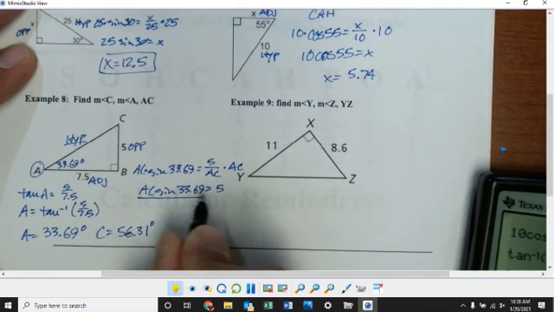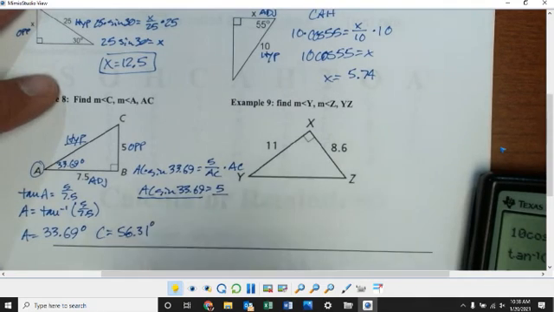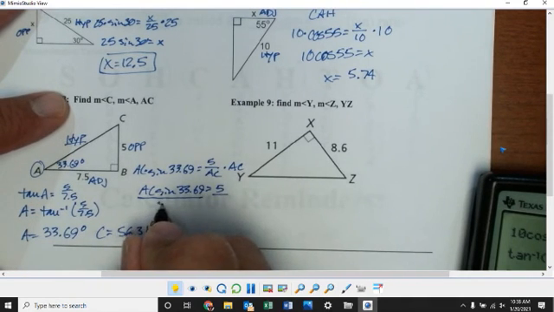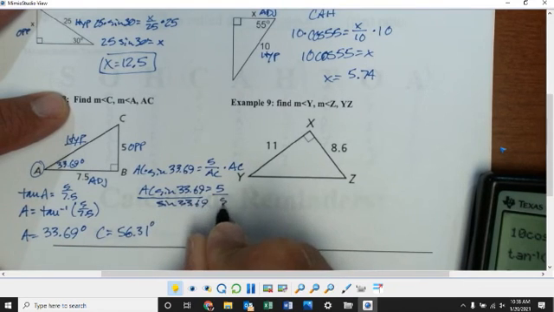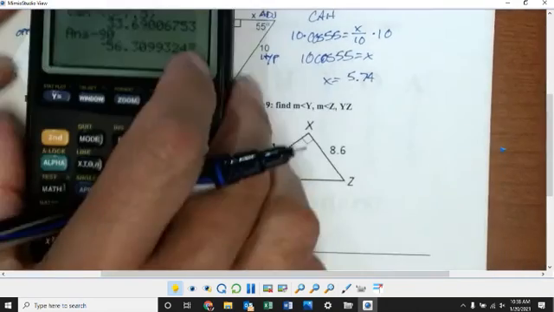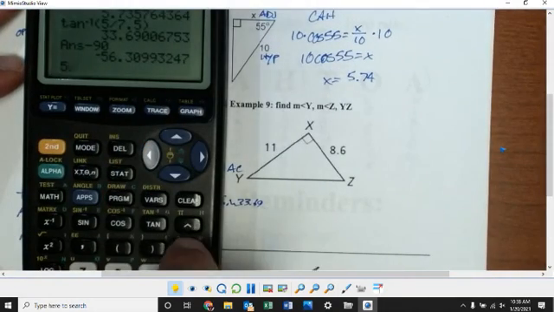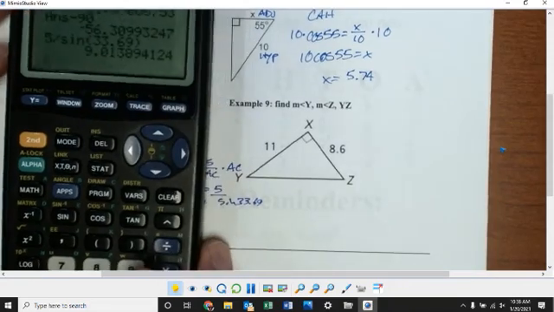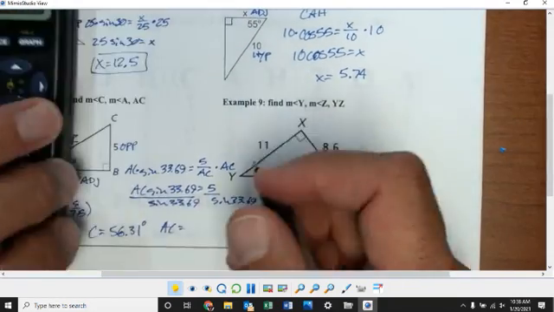Remember, sine 33.69 is just a number, so I can divide by that whole thing. So AC is going to be equal to 5 divided by sine of 33.69. So 9.01 is my AC.